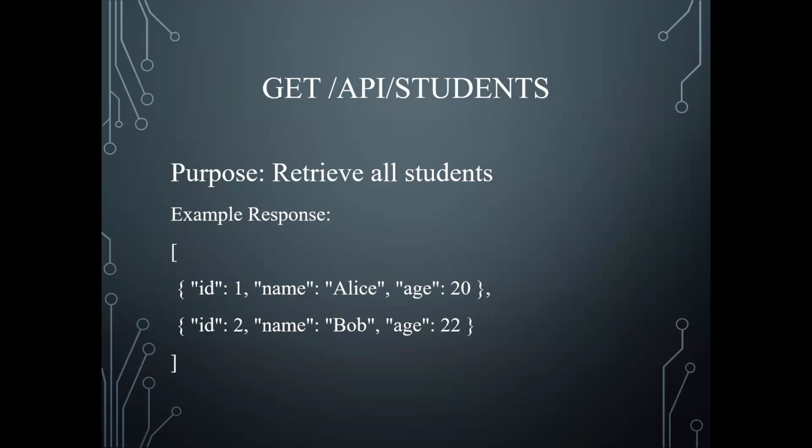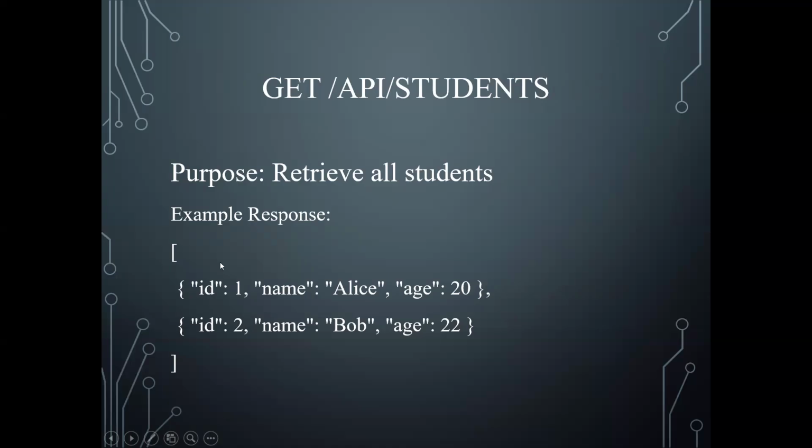For example, if we want to retrieve all students, then we are going to make a request that is GET. So GET is the method that is going to read the existing records from this database table. So here GET /api/students. Students is the endpoint followed by API. So here we are going to retrieve all students.